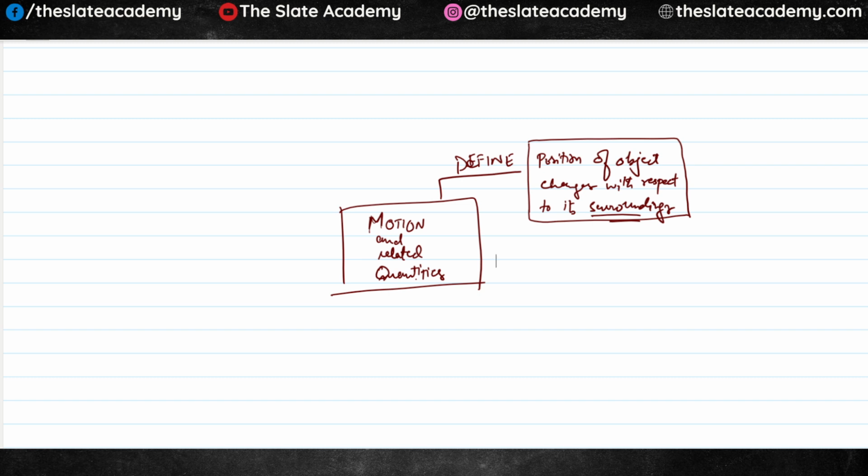Okay, so sir, we have the definition of motion. Now, with regards to motion, what are the quantities that we use to calculate motion? There are two quantities. The first one is distance, and the second one is displacement.